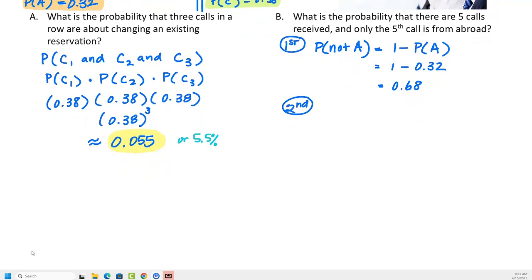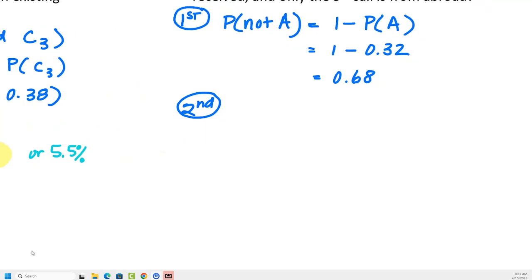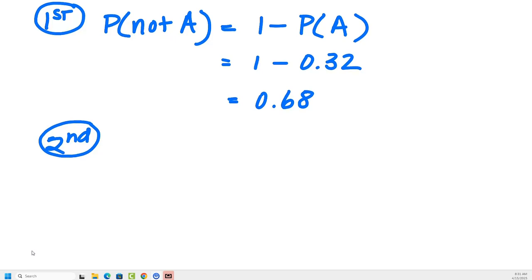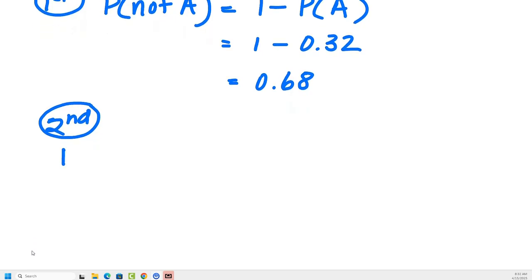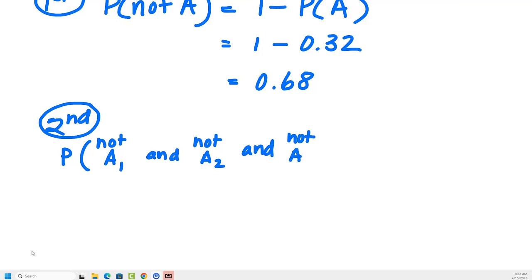Now it says, what is the probability that the 5th call received is the only one that's from abroad? So notice here, I want the probability of not A1, the first call is not from abroad, and the second call is not from abroad, and the third call is not from abroad, and the fourth call is not from abroad, and the fifth call is from abroad.